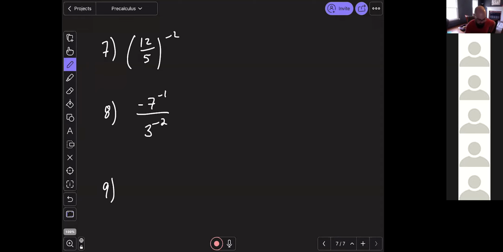Hey, Rocky. Hi. How are things? So we are looking at some exponent rules right now. We are in the activity. In chapter 5, we started exponential functions.